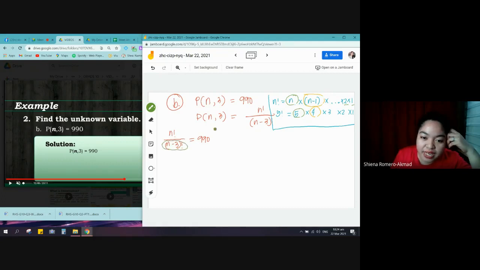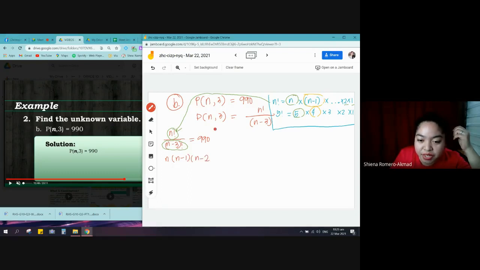So ang gawin natin, si n factorial, i-express natin siya ng ganito para makuha natin yung n minus 3. So ano magiging itsura nun? Si n factorial magiging n times, or parenthesis na lang, n times n minus 1 times n minus 2.